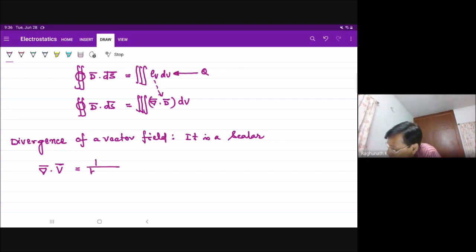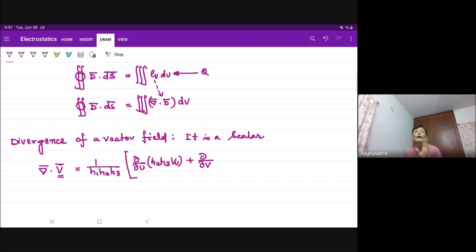It is 1 by H1 H2 H3 within brackets: dou by dou u, where u is the first coordinate, of H2 H3 V_u, the u component of the vector V bar I took, like the x component or rho component or r component in different coordinates; plus dou by dou v, the next coordinate, of H1 H3 V_v.